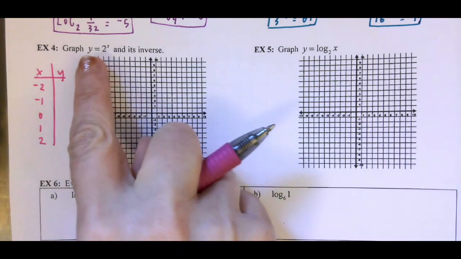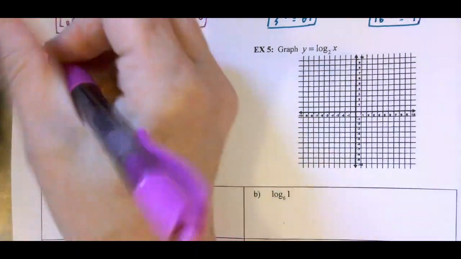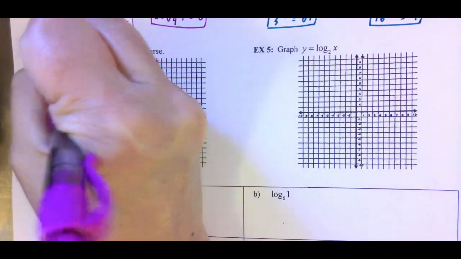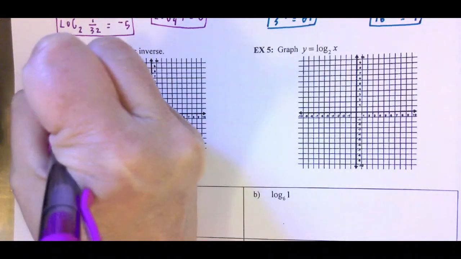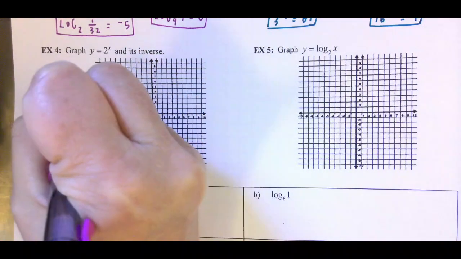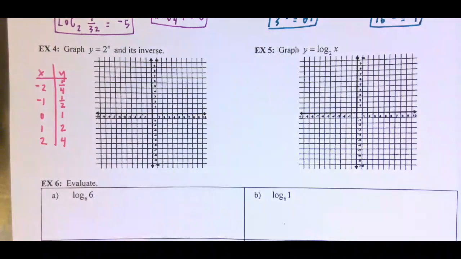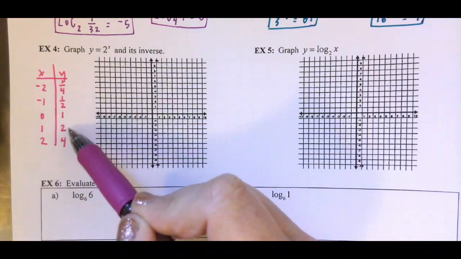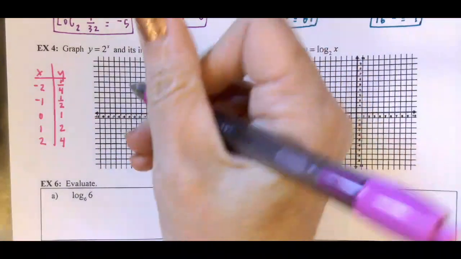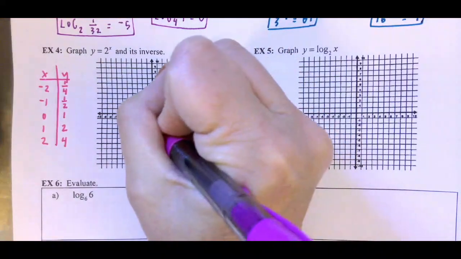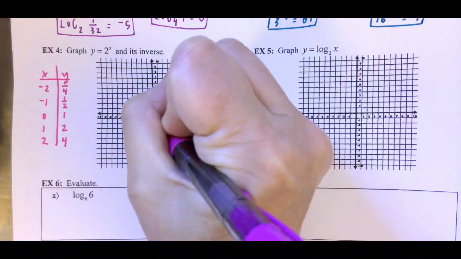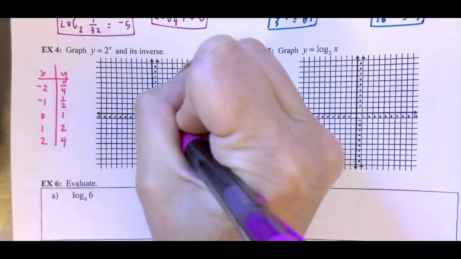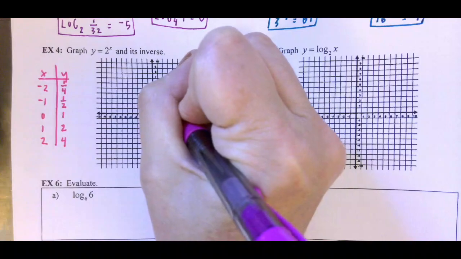So if I take 2 and raise it to the -2nd power, that is 1/4. And then I have 1/2, 1, 2, and 4. If I look at those y values, they are doubling from stage to stage. So if I plot them, I'm at -2, 1/4, and then 1/2, and then 1, 2, and then 4.